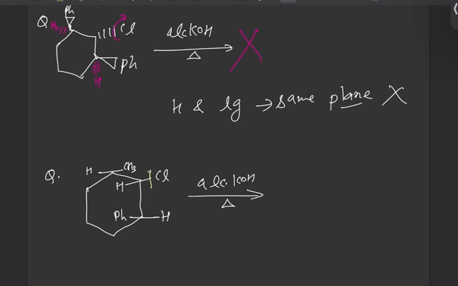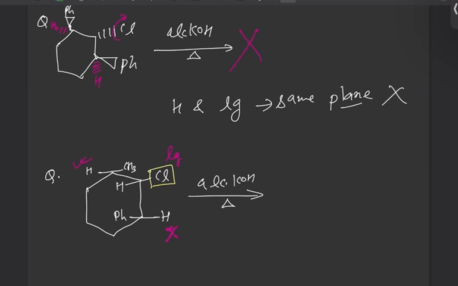So this is your leaving group. Clear? This is your leaving group. But this hydrogen is on the same side, so this won't be replaced. But this hydrogen is on the opposite side, no? So can you replace this hydrogen? Are you getting my point?